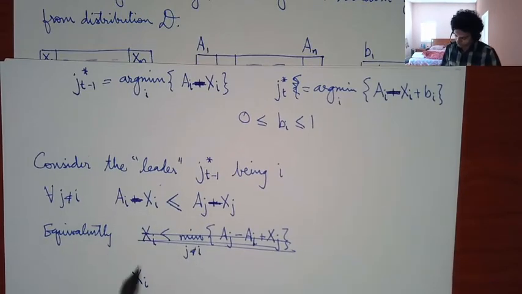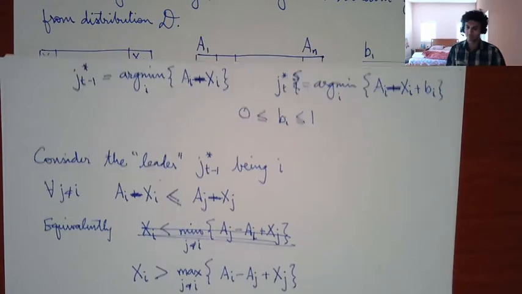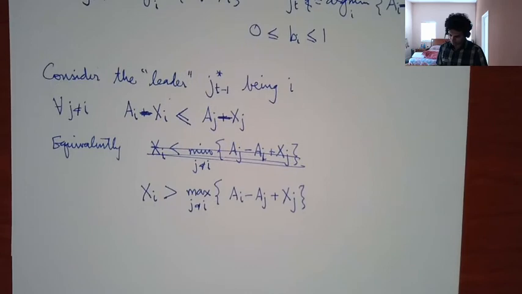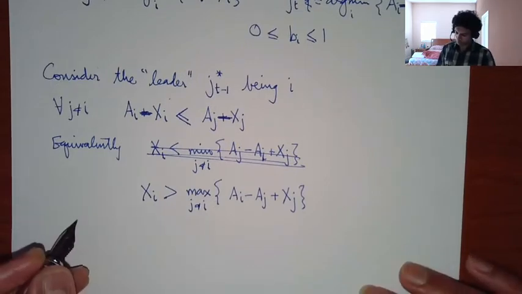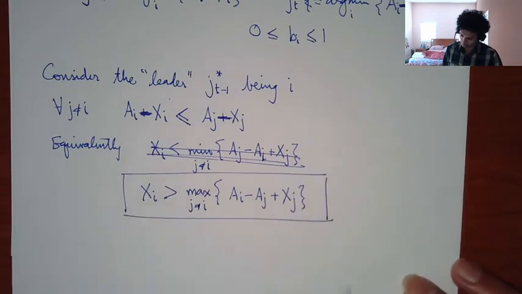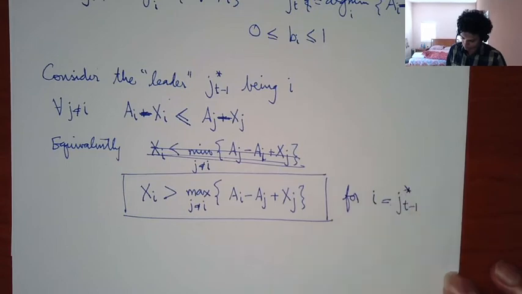So x_i is going to be at least the max over all j not equal to i of A_i minus A_j plus x_j. That's what it means for the leader to be i. So this is the condition for i to be equal to J_{t-1}^*.